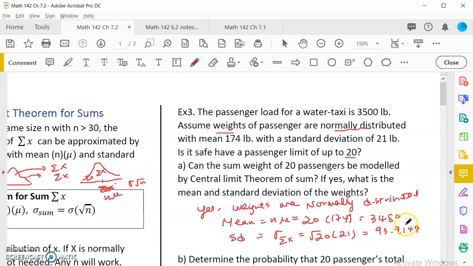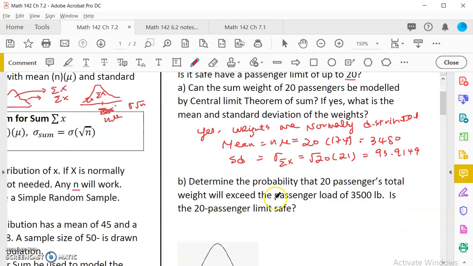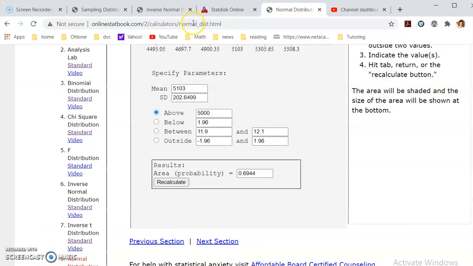So the mean is 3480 and the standard deviation is 93.9149. Let's determine the probability that they will exceed 3,500 pounds. 3480 is the mean, so 3,500 is actually quite close. The standard deviation is larger, 93.9149, and we want to see when it is going to be above 3,500.